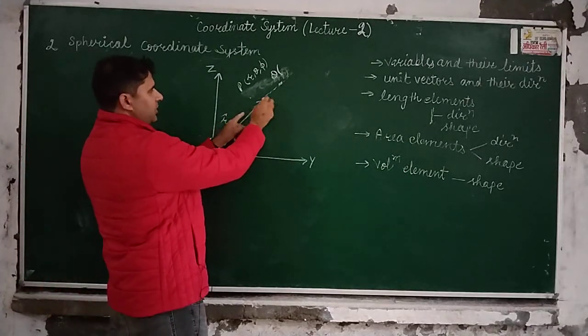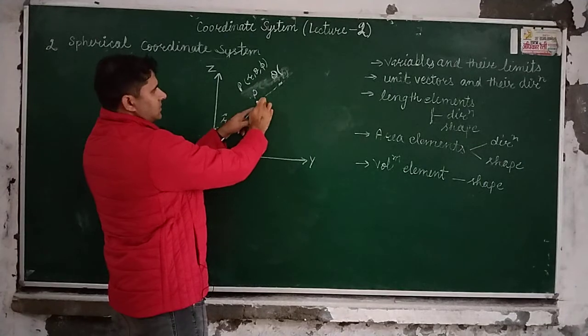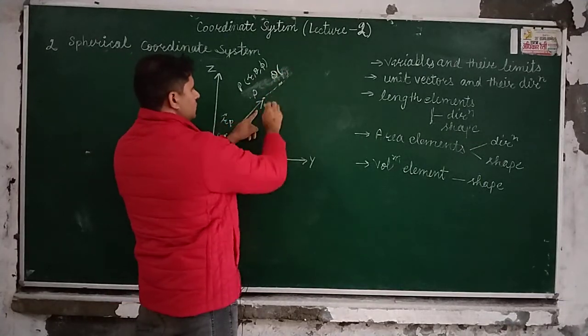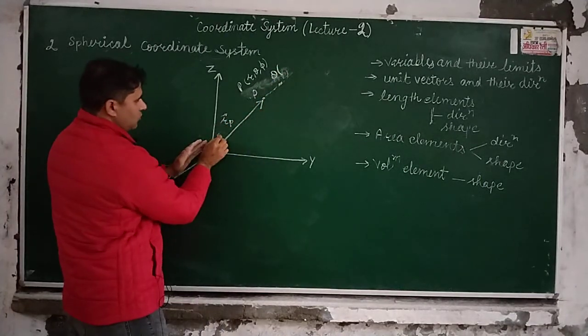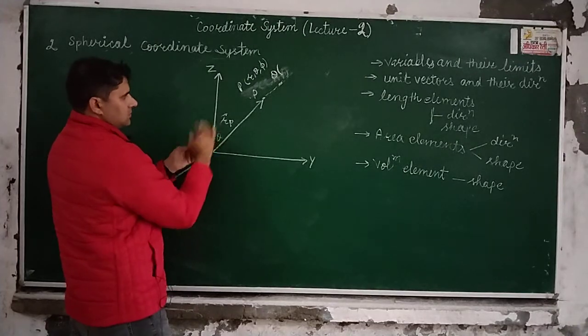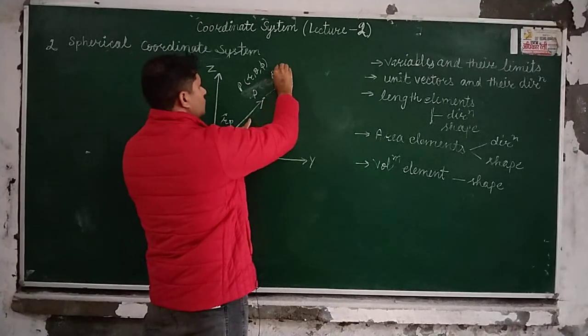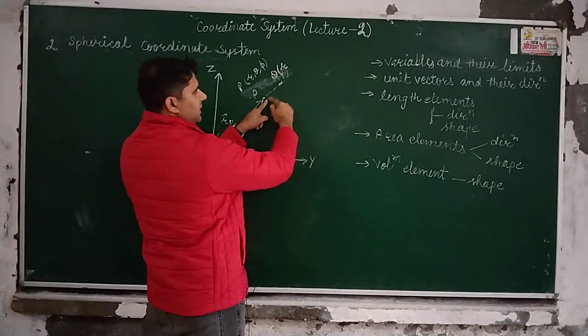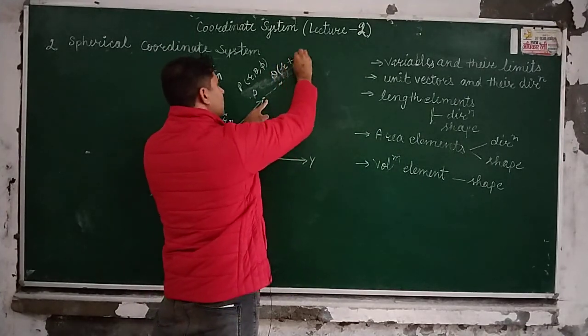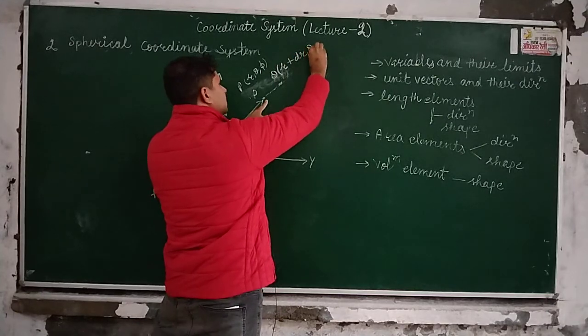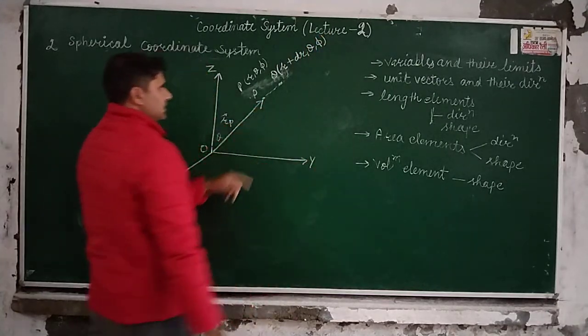So there is no change in the alignment of the radius vector with respect to the z direction. Here we have shifted along the radius. So this is r plus dr, theta is same and phi is same.